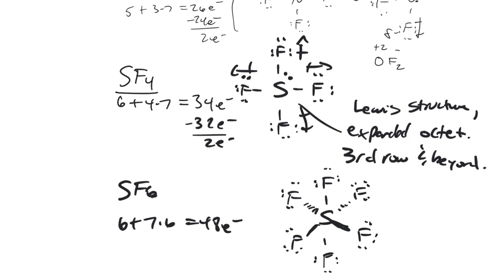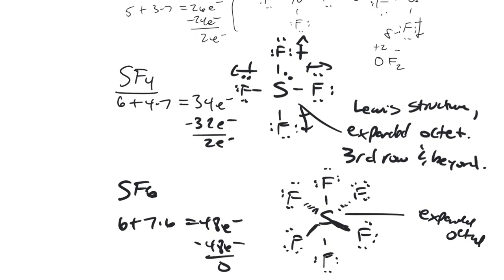And so that's 6 fluorines, 8 each. So that's all 48 electrons. But you can see sulfur appears to have 12 electrons surrounding it, so sulfur has an expanded octet within the Lewis structure.